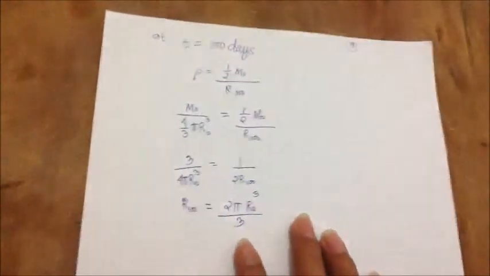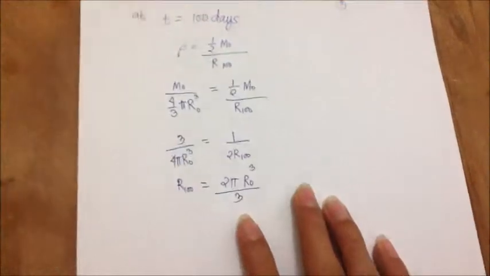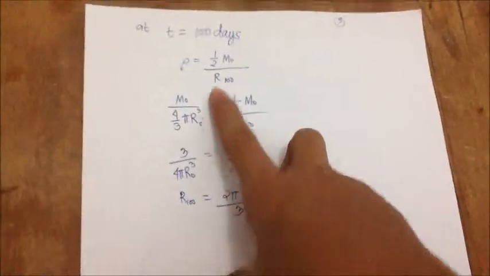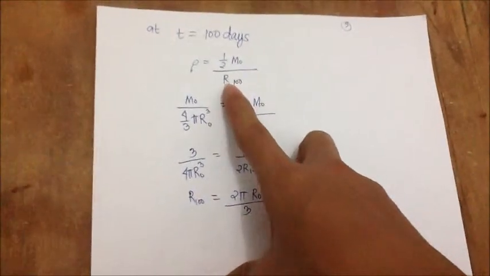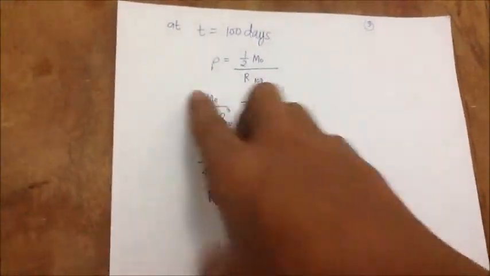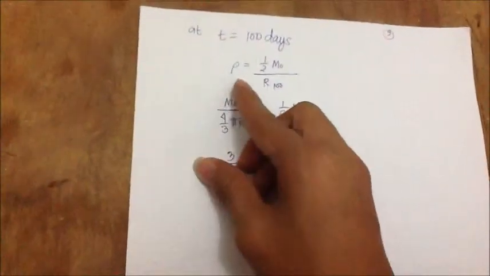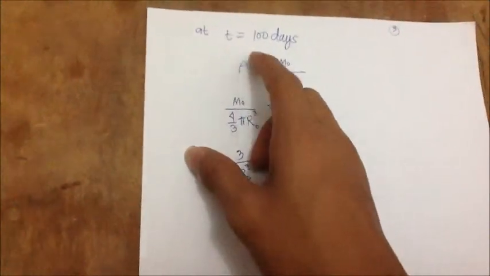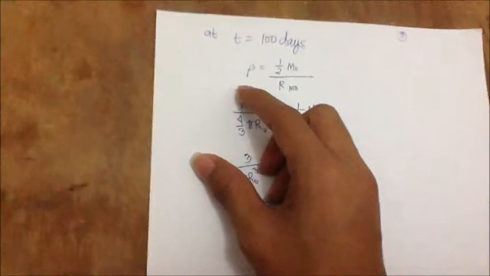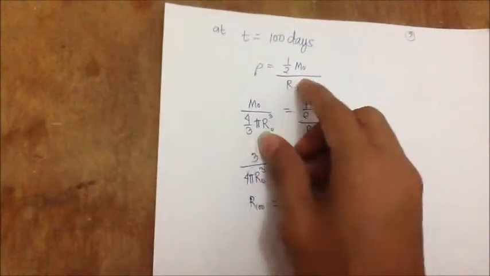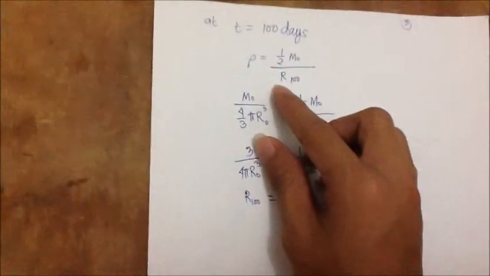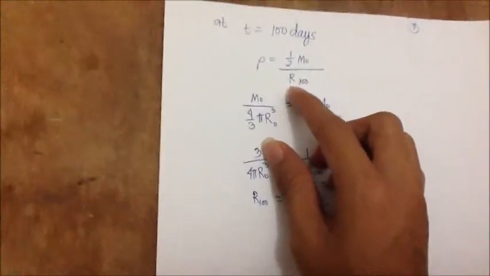After we get our change of mass, we go back to our values at time equal to 100 days. So at 100 days, our density is equal to one half initial m over the volume at 100 days.